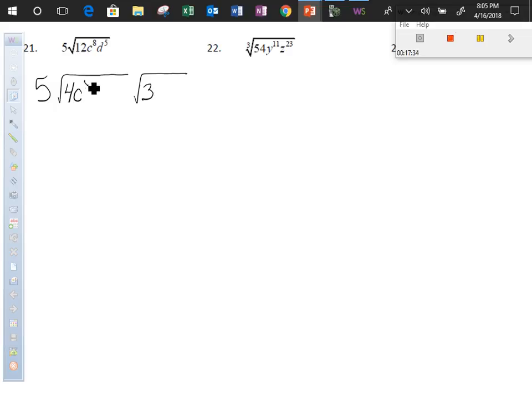C to the 8th, because 2 goes into 8, and a d to the 4th. So over here there is no c, but there is a d. Now to go get my answer, the square root of 4 is 2 times 5. So I've got 10 c to the 4th d squared times the square root of 3d.